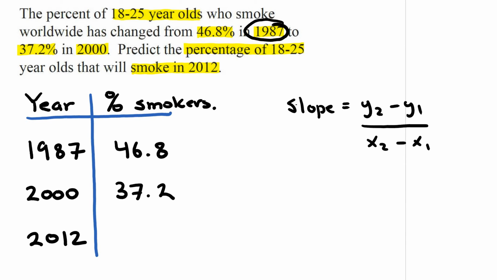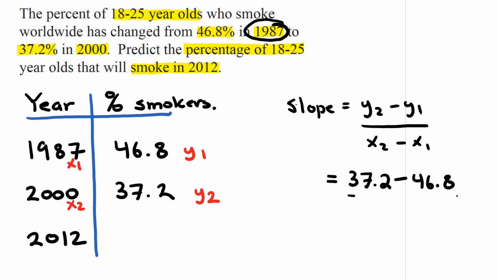Just like the previous questions, we definitely want to find the slope here, and that will tell us what's happening every year. So let's label this as y2, this as y1, this will be x2, and this will be x1. If I use my slope formula here, this will be 37.2 minus 46.8, all divided by the year 2000 minus 1987.